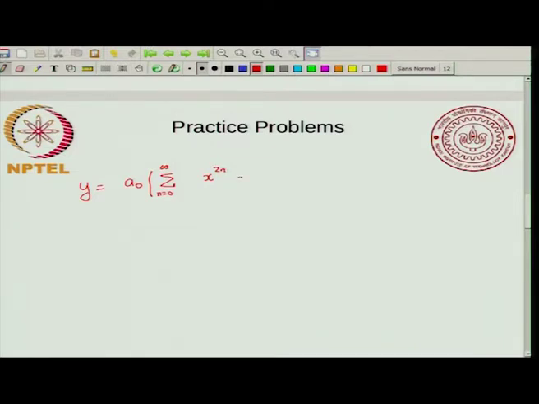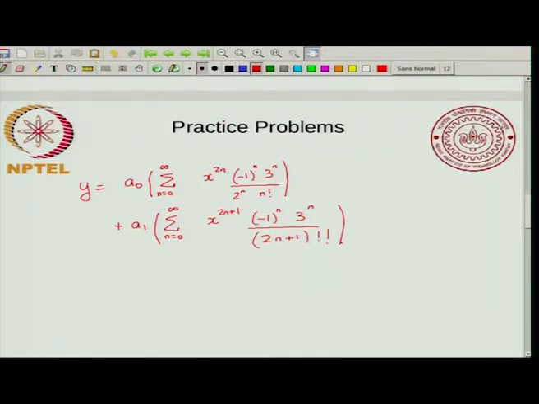What we saw was minus 1 raised to n, 3 raised to n divided by 2n, 2 raised to n, n factorial. And you have the other term, which is A1 times the sum over n equal to 0 to infinity of x raised to 2n plus 1, minus 1 raised to n, 3 raised to n divided by 2n plus 1 double factorial.